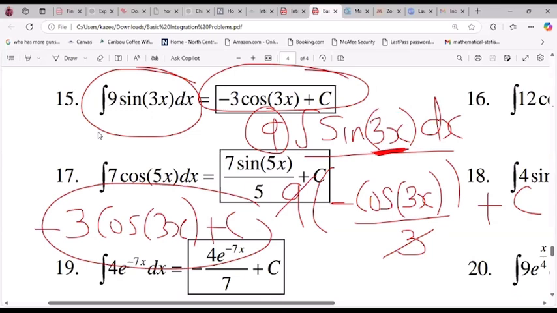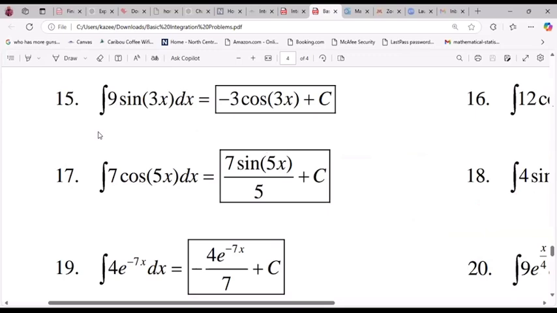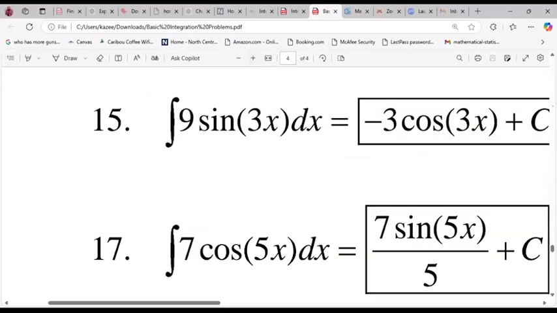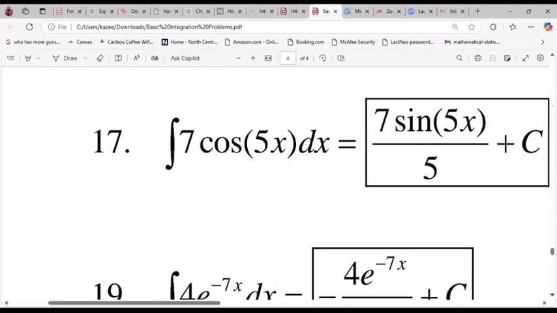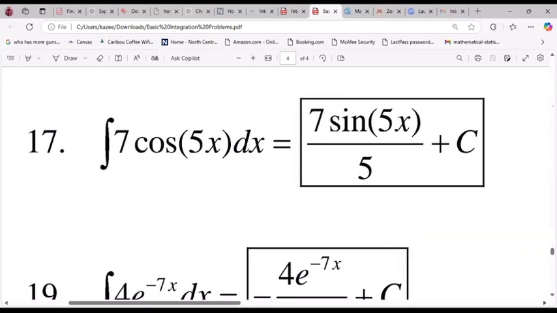Okay, if I want to go to questions, if I want to solve question 17, if you really want to know how they got what they got, the very first thing you do is rewrite this guy.